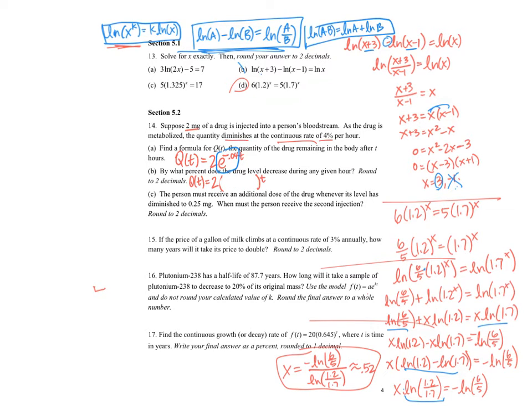So when I did e to the negative 0.04, I got 0.96078. That is the number that I'm multiplying by, but if I do 1 minus that, that'll tell me how much it's diminishing by.